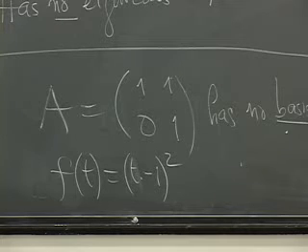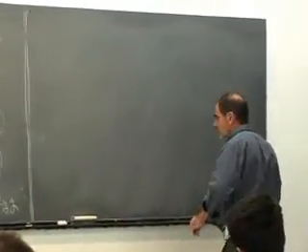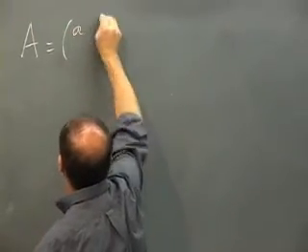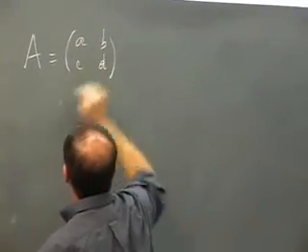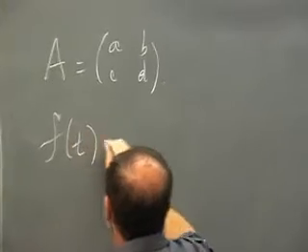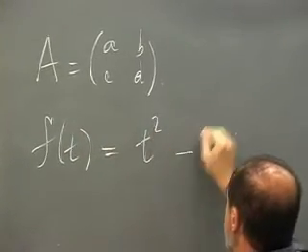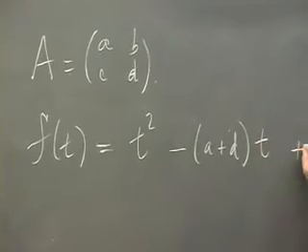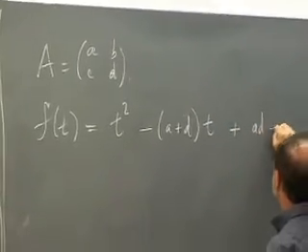Let's do one more calculation so that we can be confident that we know how to calculate a characteristic polynomial. Let's do a general 2 by 2 matrix and its characteristic polynomial. I claim that f of t is t squared minus (a plus d) times t plus ad minus bc.